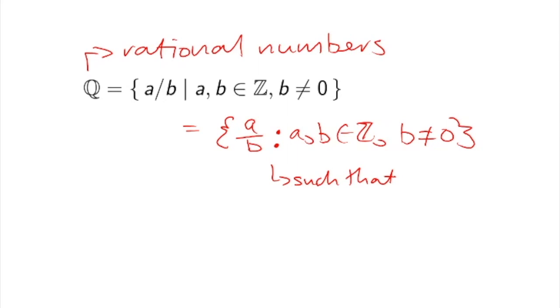And this represents the set of fractions or the set of rational numbers. So here 2/3 would be in this set, as 2 and 3 are integers, whereas pi cannot be written in this form. So therefore pi is an irrational number and therefore not in this set.